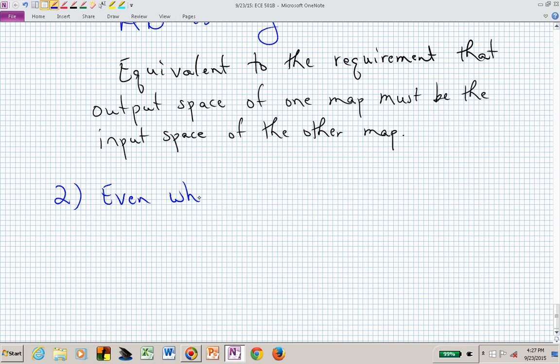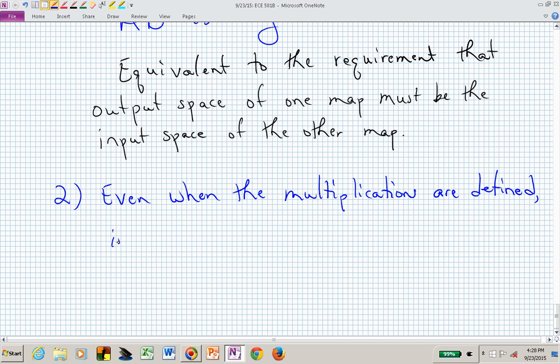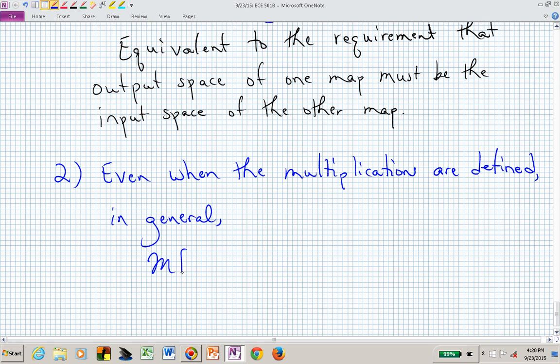Even when the multiplications are defined, in general, we know that the matrix representation of the linear map T operating on the matrix representation of the linear map S, how does that relate to, in general, the matrix multiplication of S and T?